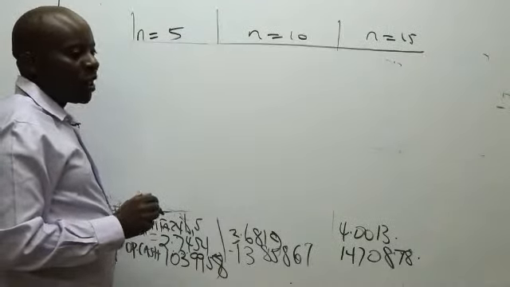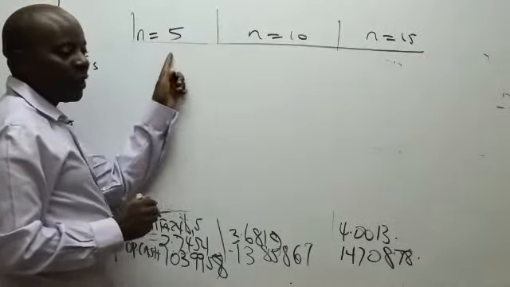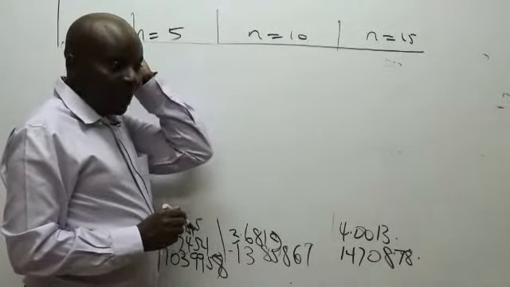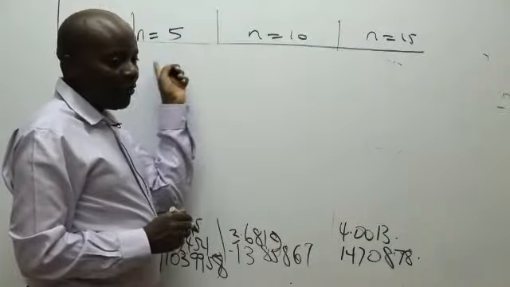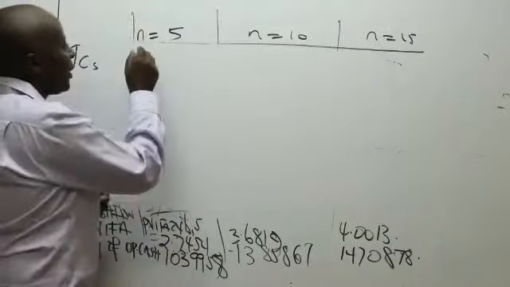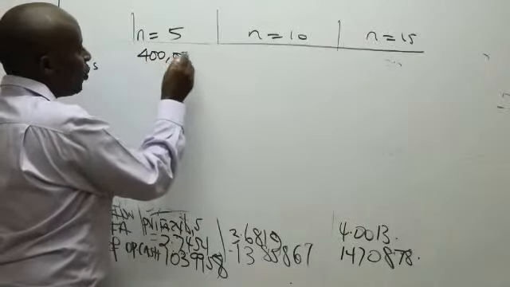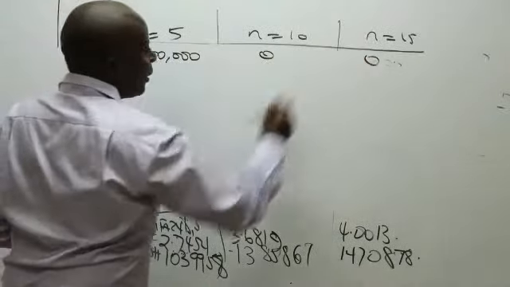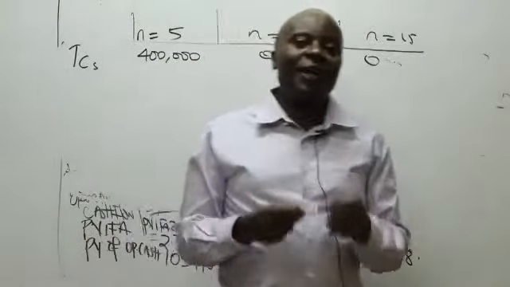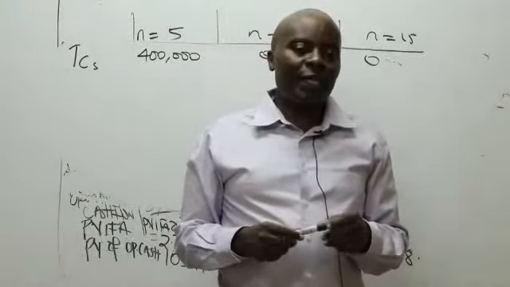So when N is 5, is there anybody who is able to remember what the scrap value was? If N is 5, what is the scrap value? 400,000. Thank you very much. And then, of course, the other scrap values were 0.